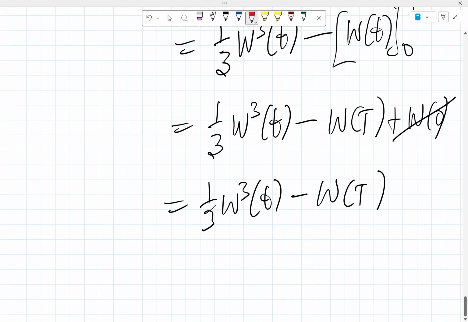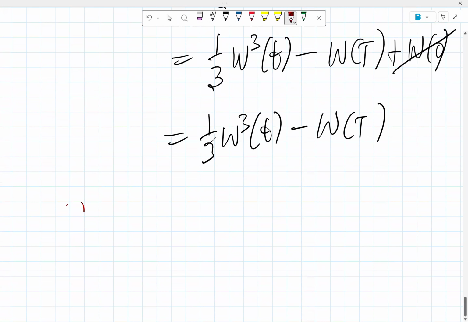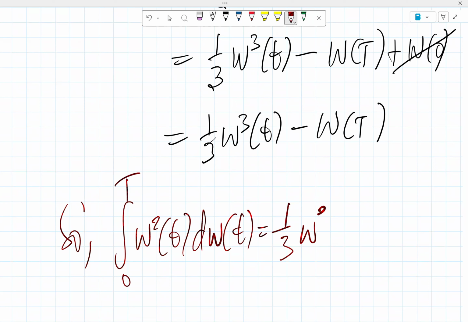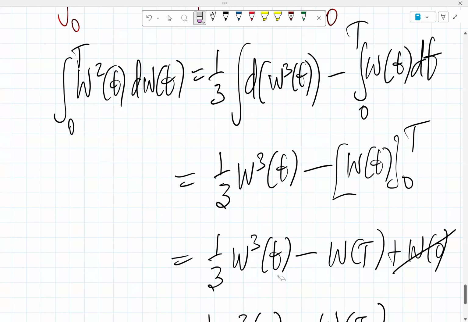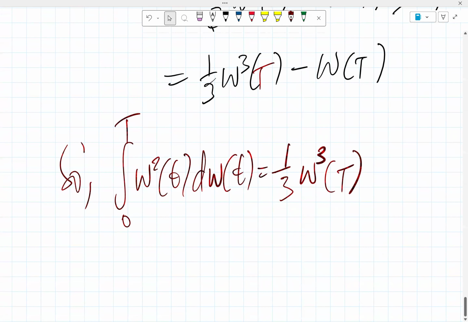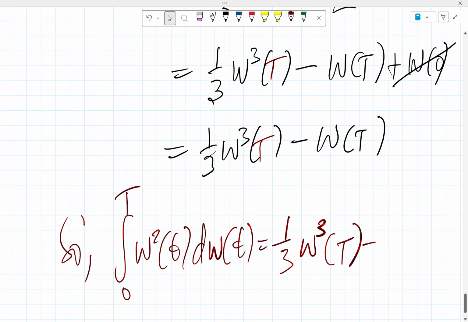So we can then say the integral from 0 to t of w squared of t dw of t is equal to 1 over 3 w cube of t. Okay, sorry. After integration, this is big T now, because it is the integral from 0 to big T. So we have 1 over 3 w cube of t minus the integral.